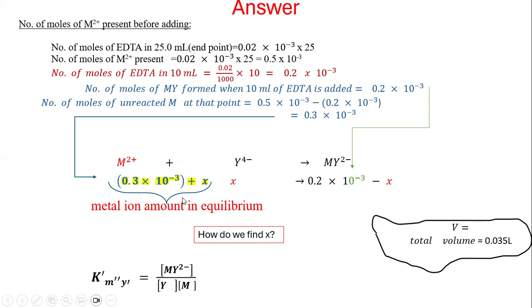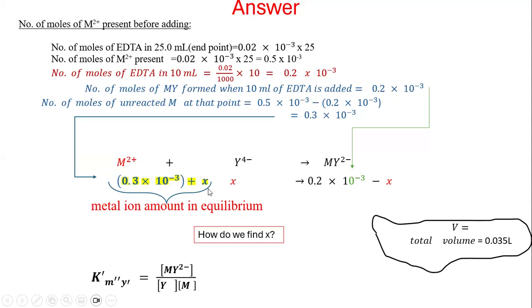The volume should be of the same units, and it's better if you go for liters, then straight away the M value is coming, so the possibility of errors is less. So we'll have the volume in terms of liters.